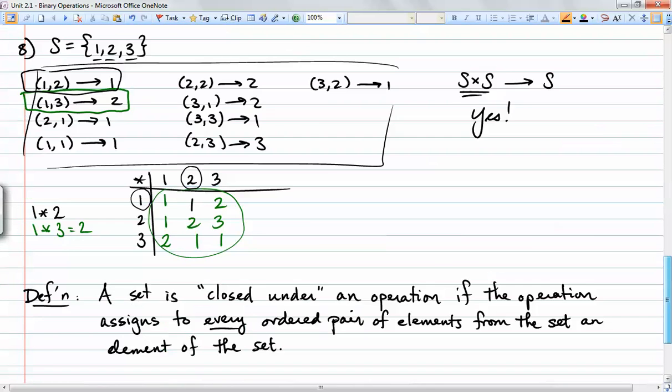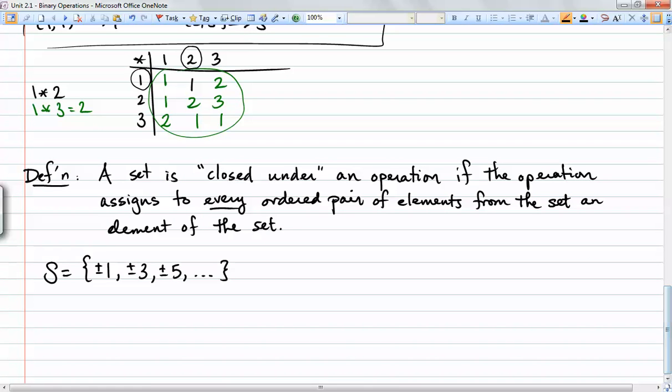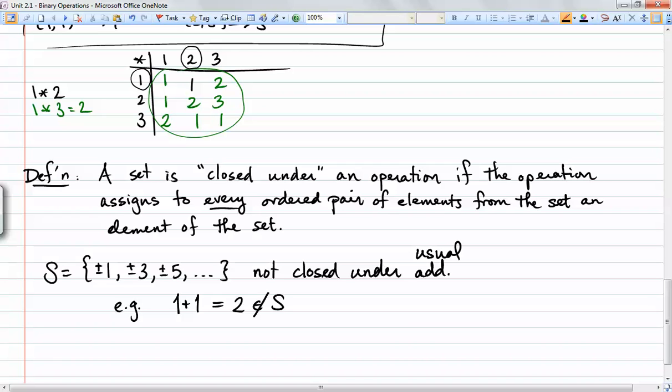But if I do it with just the odds, this one's not closed under usual addition. Eventually we'll start talking about addition differently. An example, you can take any pair really, 1 plus 1. That's 2, but that's not in S, so it's not closed.